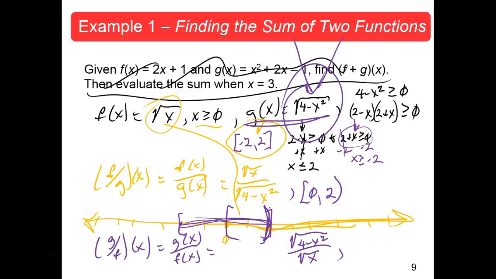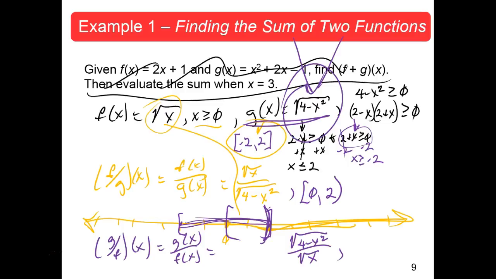You have to do that if you're adding, subtracting, or multiplying also. But with division, what other restriction do we have? Same as last time. What can you never do? You can't divide by 0. What would make that denominator 0? x equals 0.